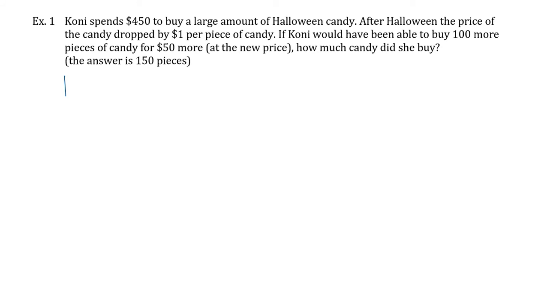So let X represent the original, which is how much she actually bought, because then it says she could have bought, right? Let X represent the original number of candies. And then we always take that X and we do something with it.